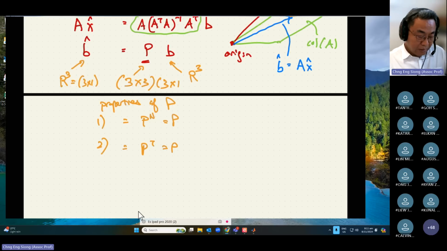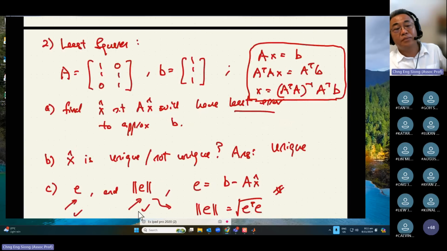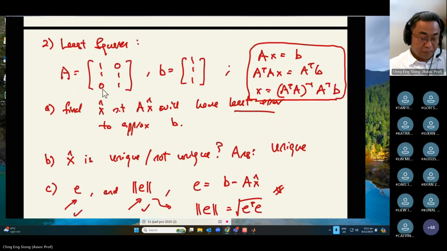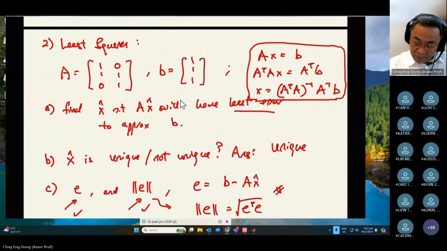All right. Now we are asking you more difficult questions. Listen well. I have given you A and I've given you B. Now I say, select only one column of A to approximate B. Which column would you select to give the least square error?